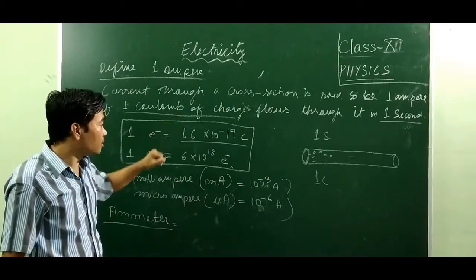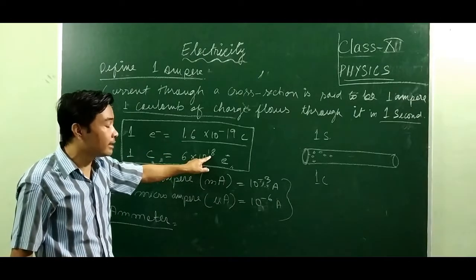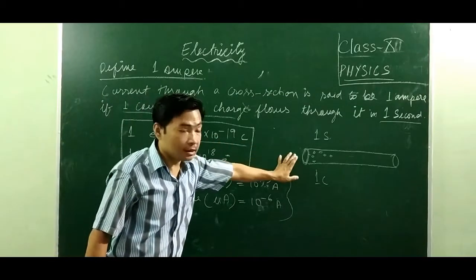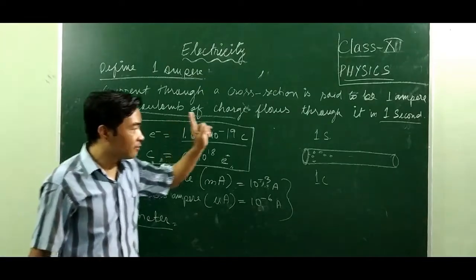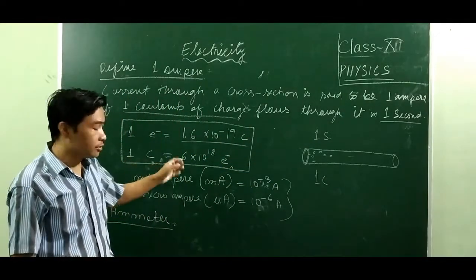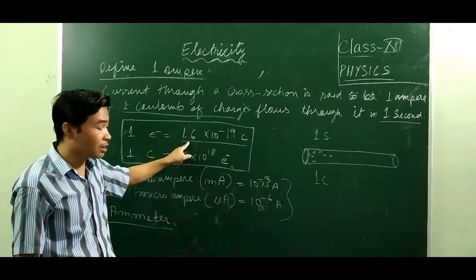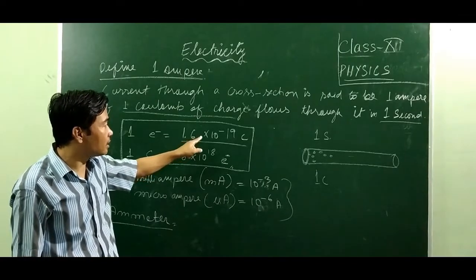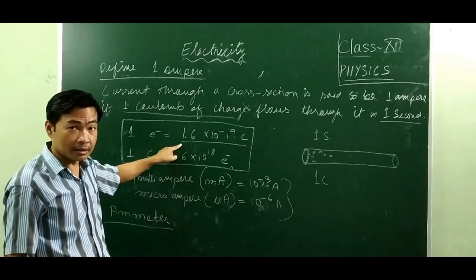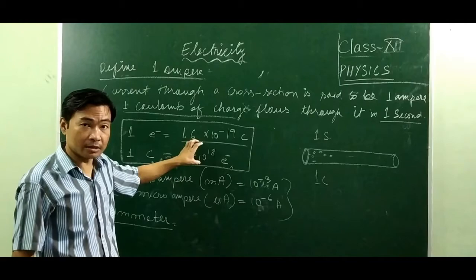In 1 coulomb, there are about 6 into 10 to the power 18 electrons. So if 1 coulomb of charge is flowing in a conductor, don't take it lightly, it is a huge amount of electric current, because 1 electron carries a charge of magnitude 1.6 into 10 to the power minus 19. 1 coulomb is about 6 into 10 to the power 18 times greater than this. Okay, there are so many charges.